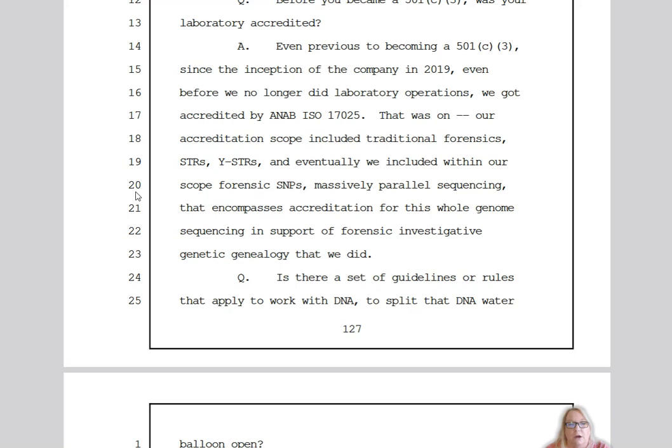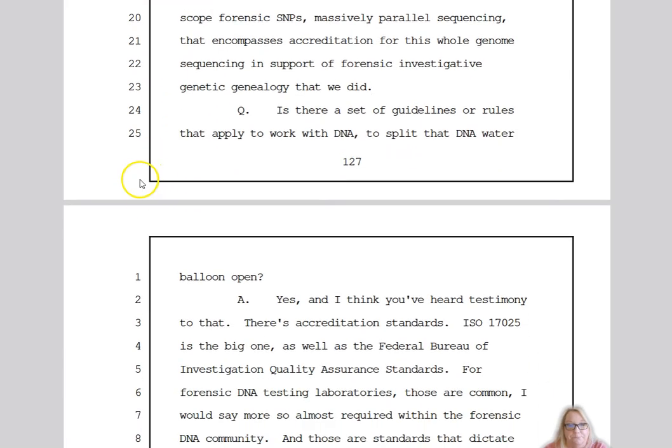He says that was on our accreditation scope, including traditional forensics, STRs, YSTRs, which is CODIS. And then he said they included eventually forensic SNPs over to genetic genealogy, massively parallel sequencing that encompasses accreditation for this whole genome sequencing in support of FGG.